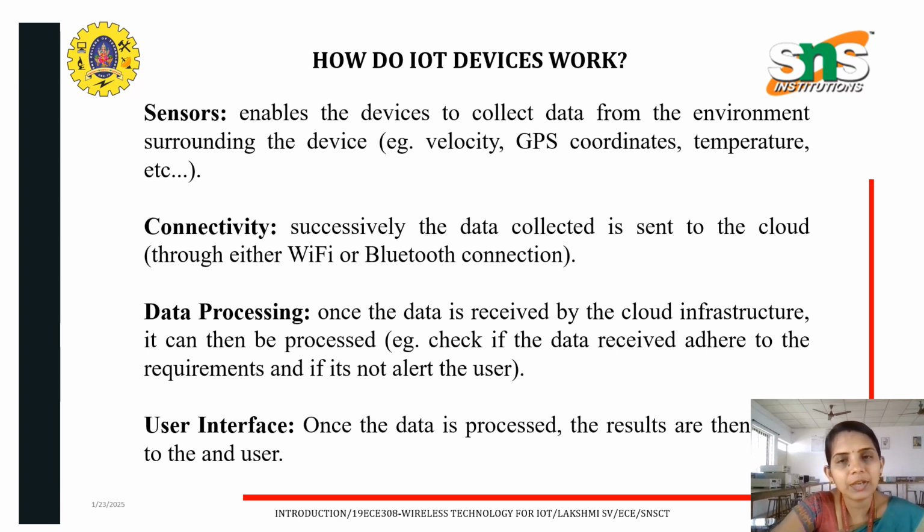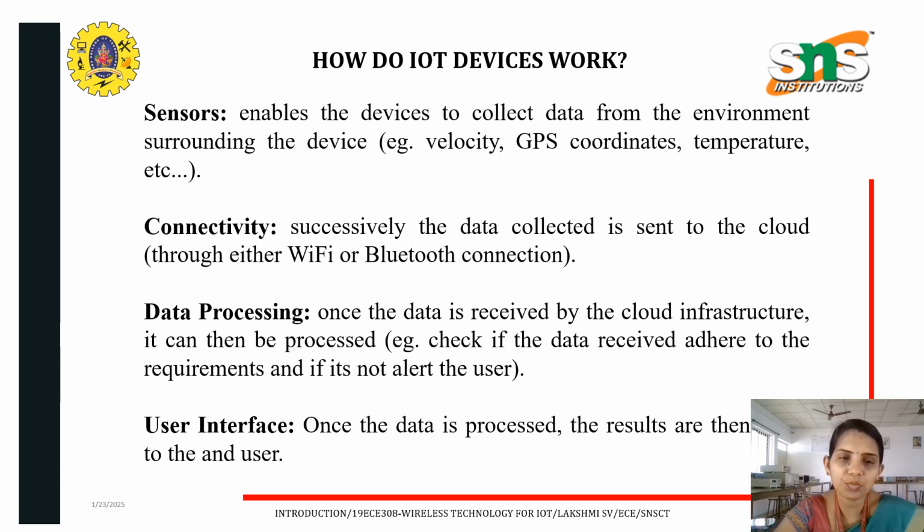So how do IoT devices work? As discussed, sensors initially enable the devices to collect data from the environment surrounding the device. Examples are velocity, GPS coordinates, temperature, moisture, etc. Then comes our connectivity. The data collected is sent to the cloud through either Wi-Fi or Bluetooth connection.